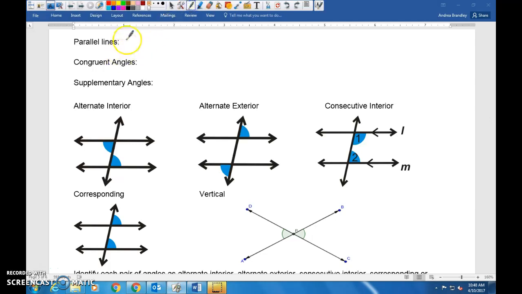So to start, parallel lines are just two lines that are the same distance apart and never touch.